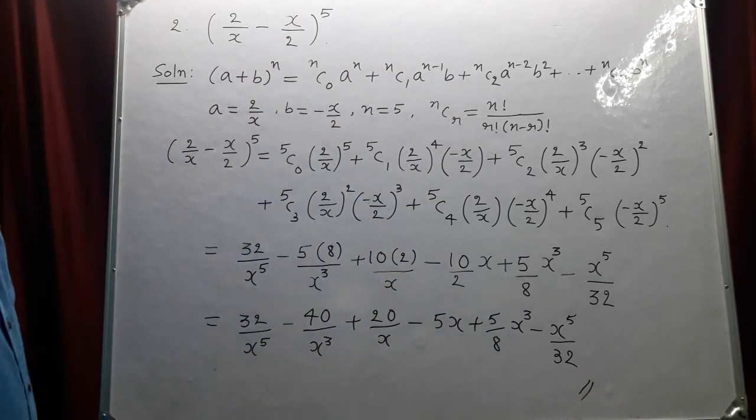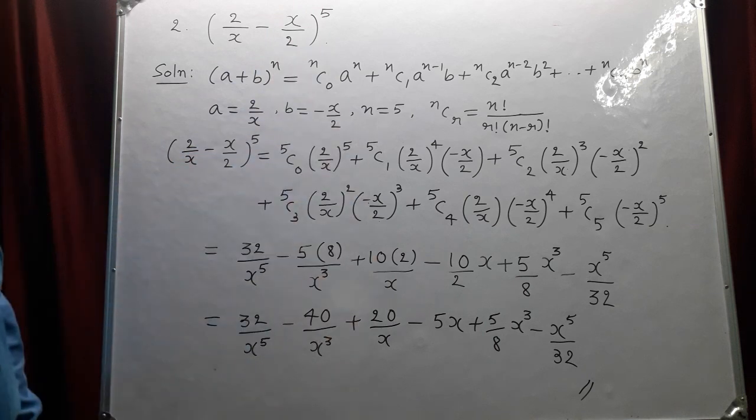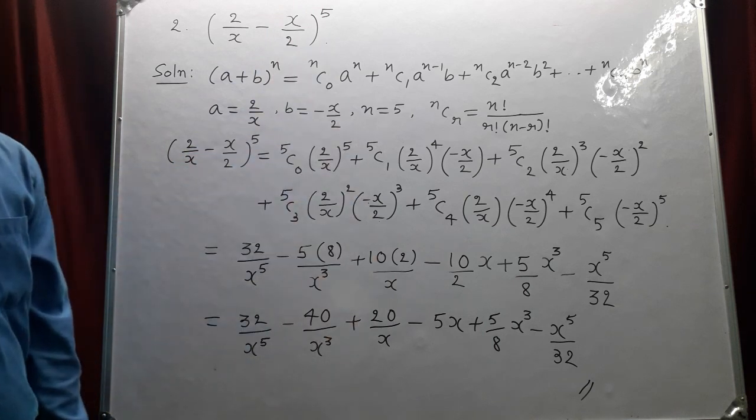So this is the expansion of 2 by x minus x by 2 power 5 by using binomial theorem.